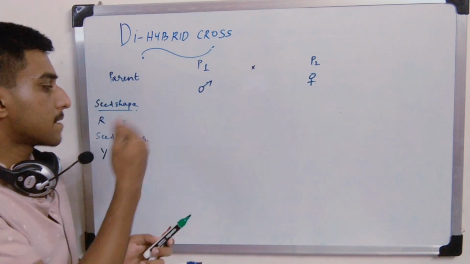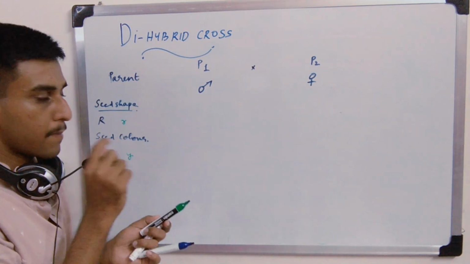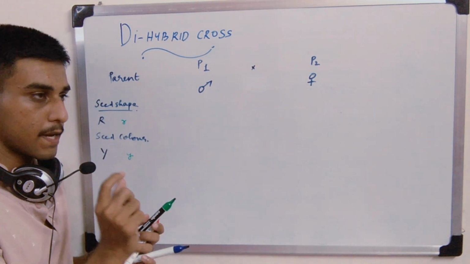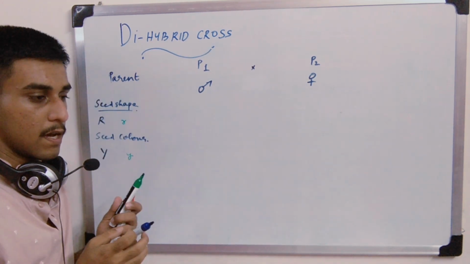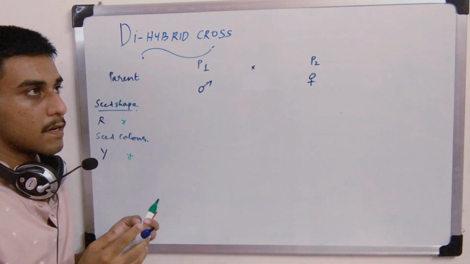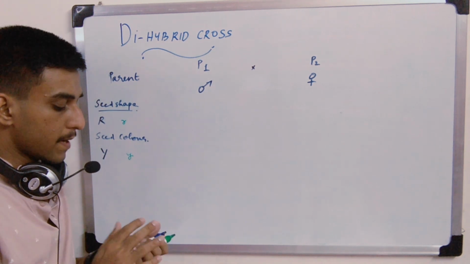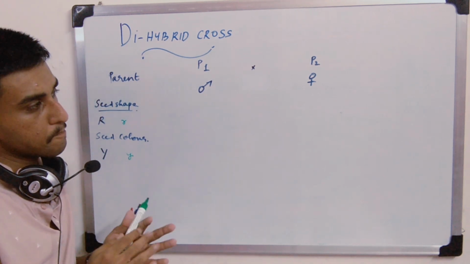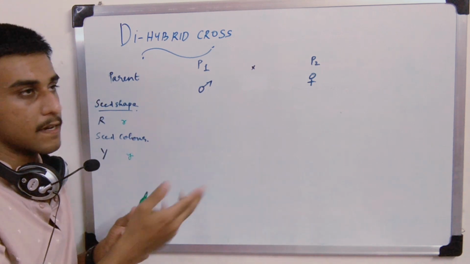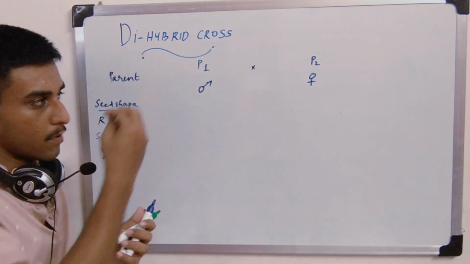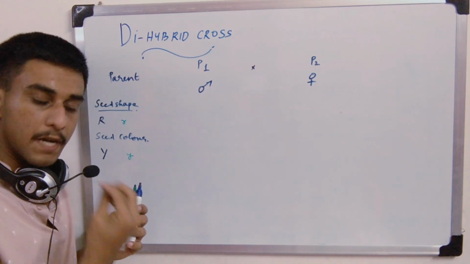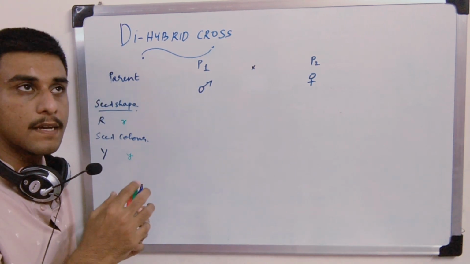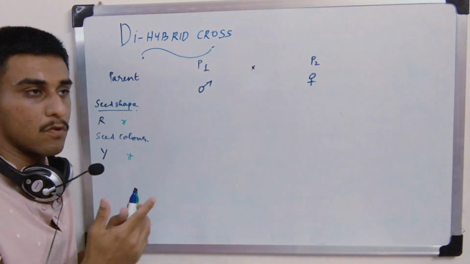So this is the parental condition. So I will write that parent 1 will be homozygous dominant and parent 2 will be homozygous recessive. Actually, you may have a question in your mind: why is he taking homozygous dominant or why is he taking homozygous recessive? Because this is the cross which Mendel did to conclude certain laws, right?